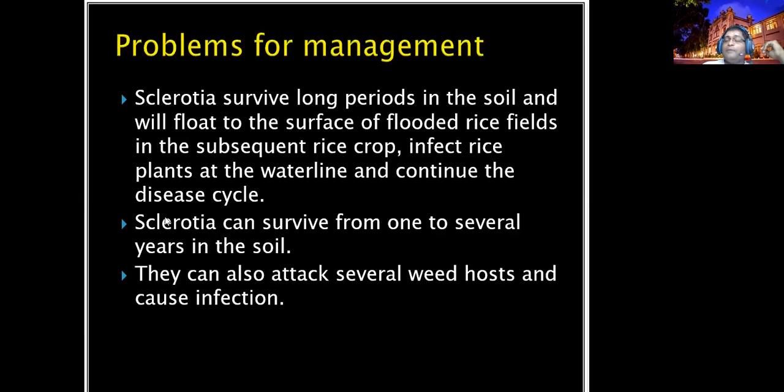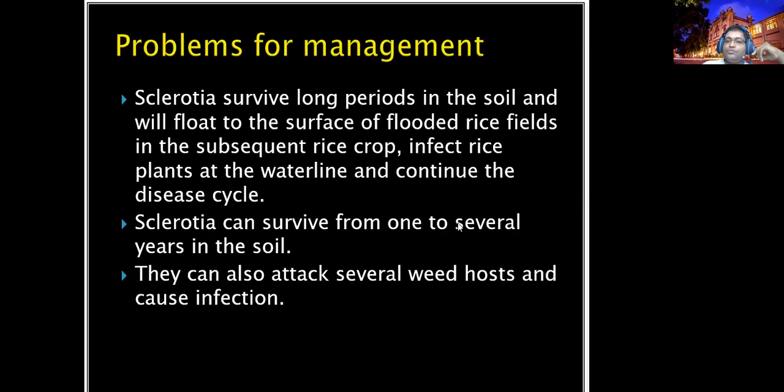The sclerotia can survive for a long period. I already told you it may be 10 to 20 years. It also has the characteristic of floating ability. If it can float in the water, then it can spread easily. Sclerotia are dormant mycelium, an aggregation of the mycelium inside a hard coat. With the hard coat, it can survive even in hostile environmental conditions.